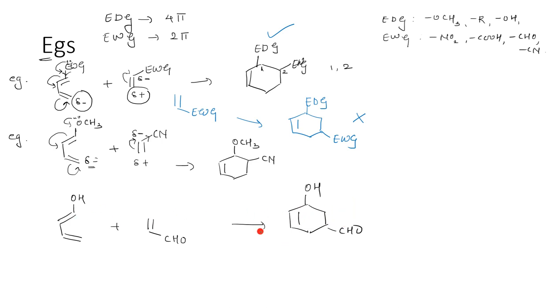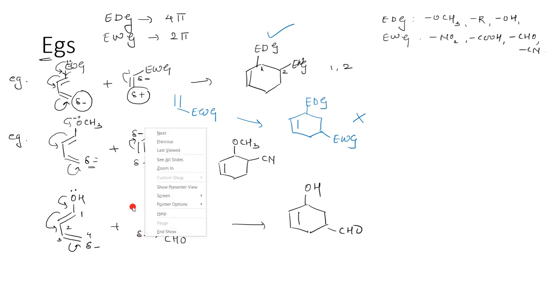So just check whether this is right. This is electron donating, no? So it goes like this. If you want, you can number it 1 2 3 4. Okay, and this is electron withdrawing, so electrons are going to come over here. So this will be getting negative charge, and this part will be getting positive charge.